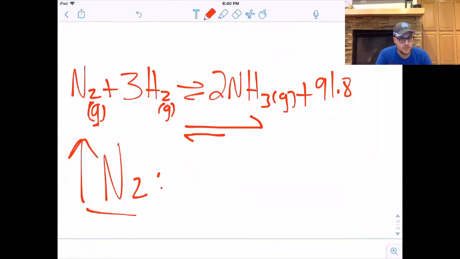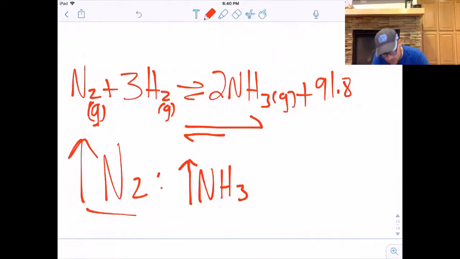And if you're going forward at a faster rate than you're going backwards, the concentration of N2 and H2 is going to start decreasing. So as soon as you throw in a bunch of N2, it's just going to react. The amount of N2 you just threw in is going to start disappearing very quickly. So when you see this occur, we say this is a shift to the right.